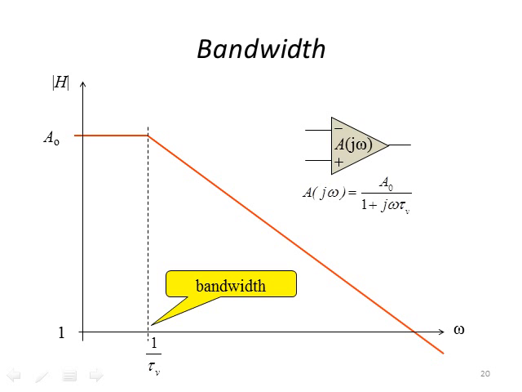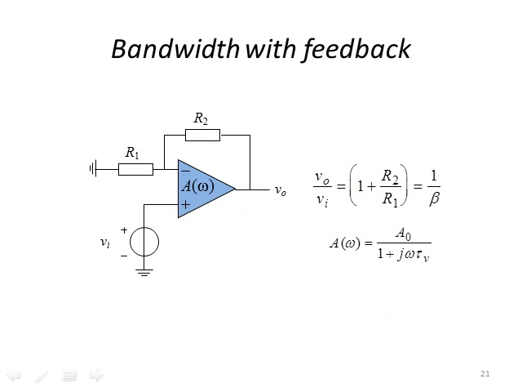However, since A0 is a function of frequency, we basically have a pole that's introduced at the bandwidth of the operational amplifier. So A is equal to A0, the DC value of the gain of the system, divided by 1 plus j omega tau, the time constant, or basically the bandwidth of the operational amplifier.